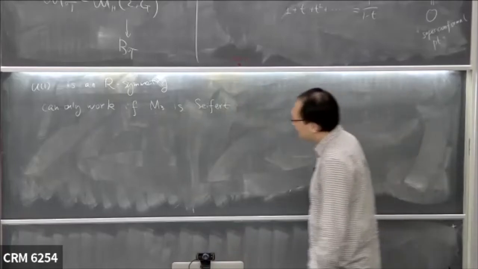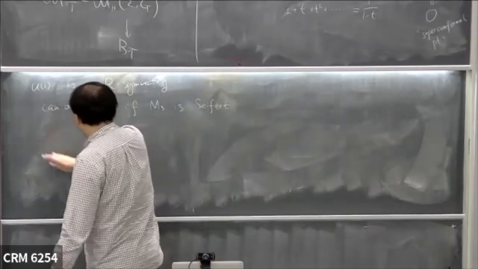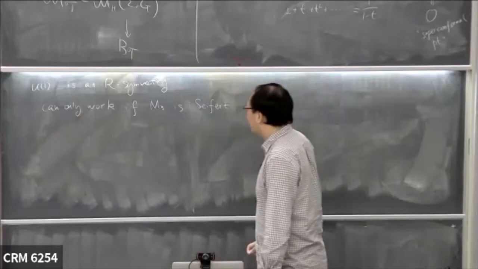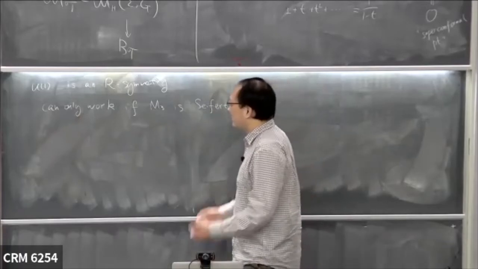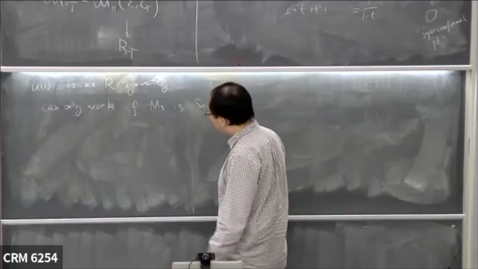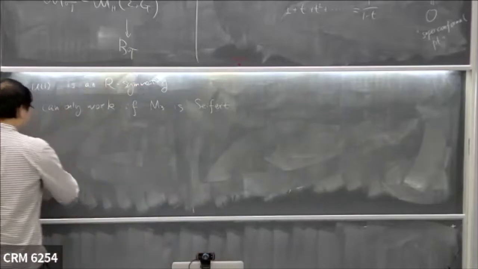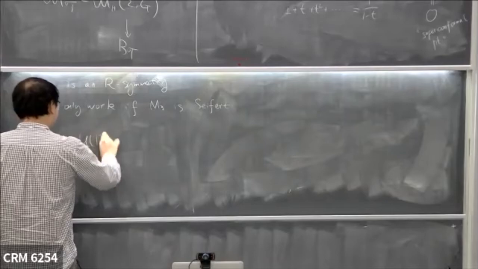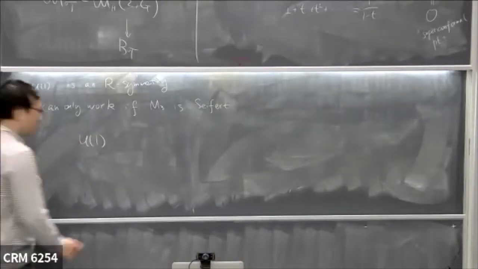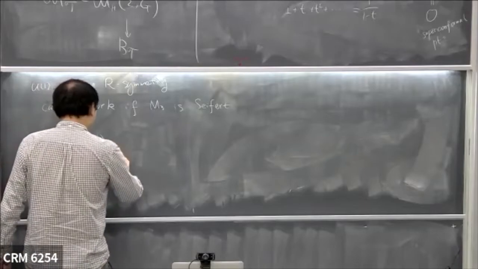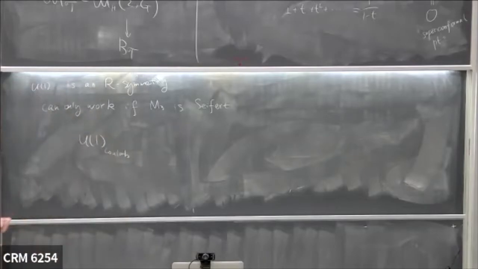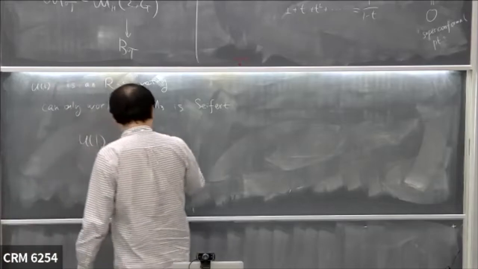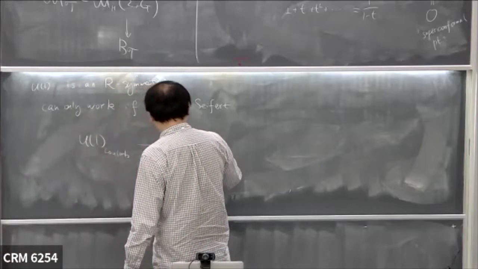So is there some other scenario where we can have some luck? It turns out that there is another situation where we can do something. The U1 action that acts on the Coulomb branch, which I will call U1 Coulomb, is in general a covering of the naive U1 R symmetry.